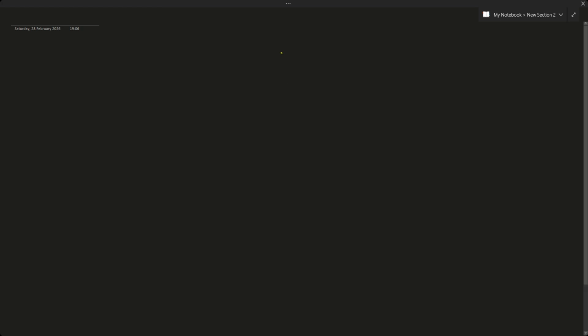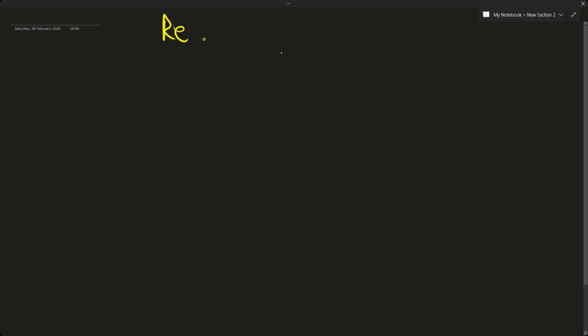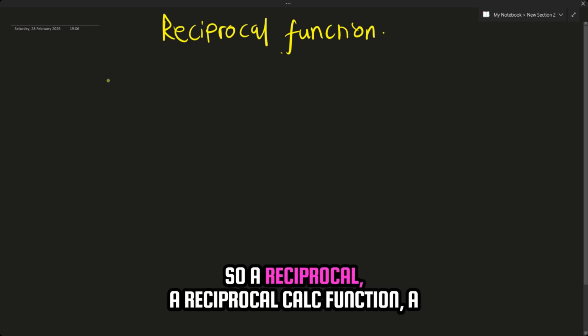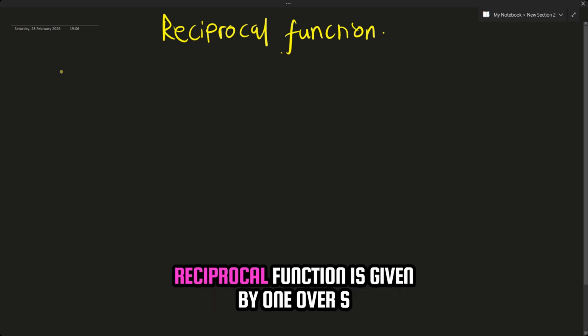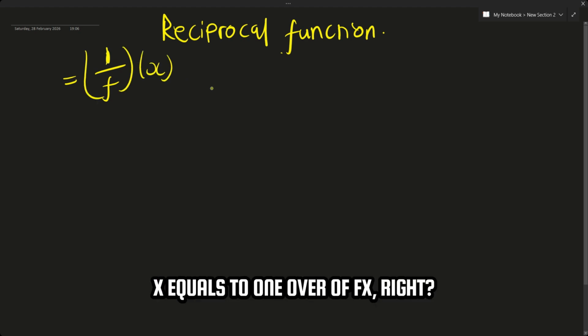So we have a reciprocal function. A reciprocal function is given by 1 over f of x, equal to 1 over f of x, right?